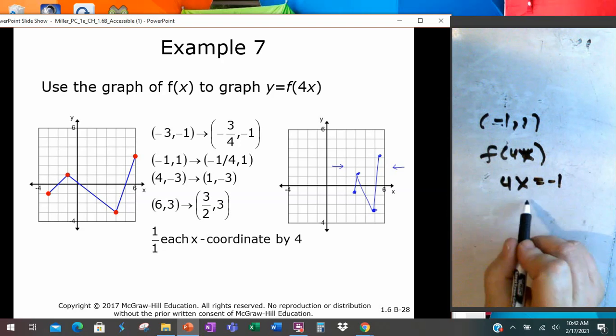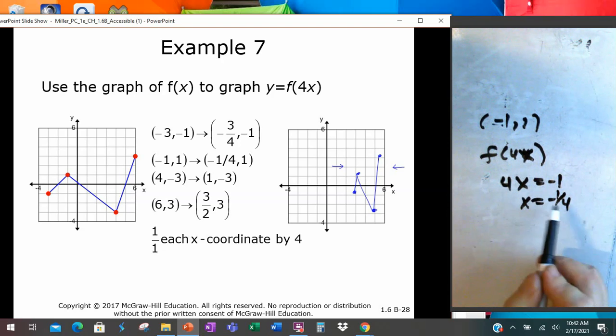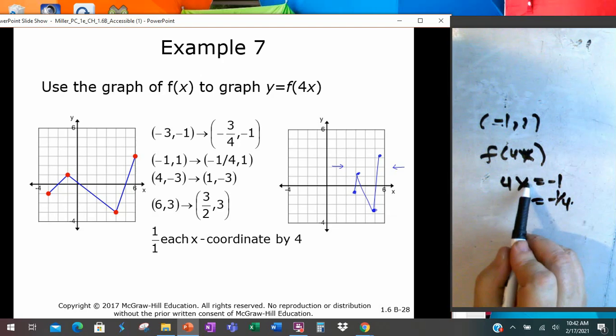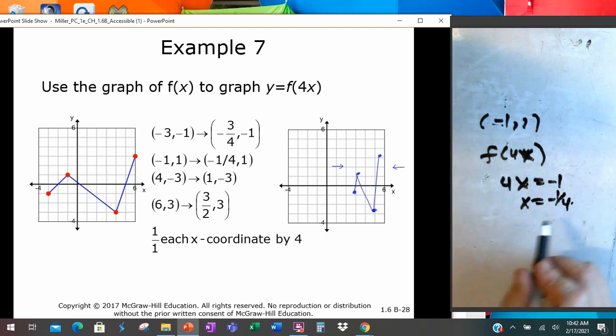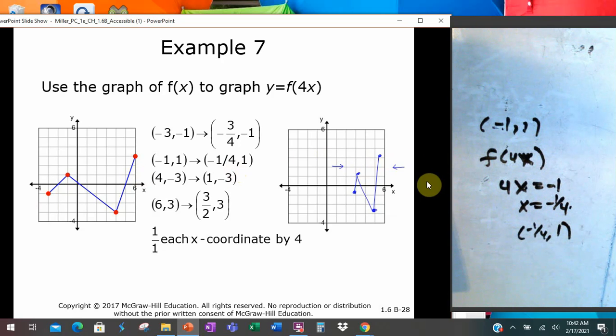Well, x is -1/4. Multiply it times 4, I get -1. So when x is -1/4, that's going to go to 1. This is good up here. They just showed a general picture of how it shrinks.